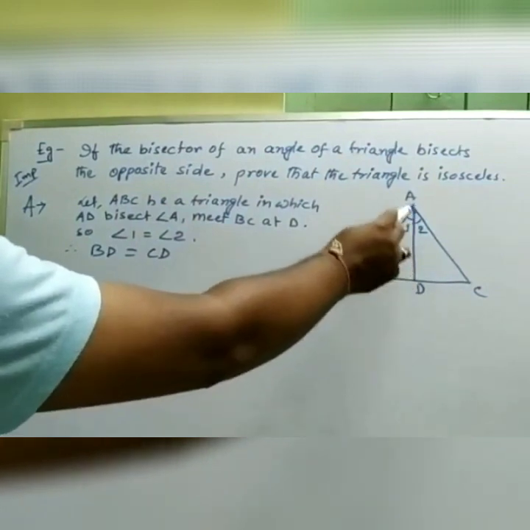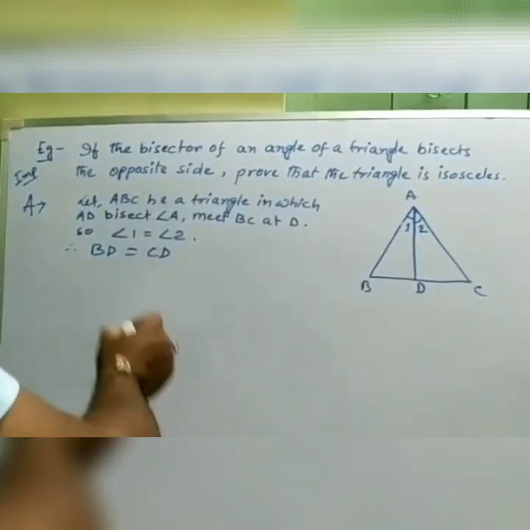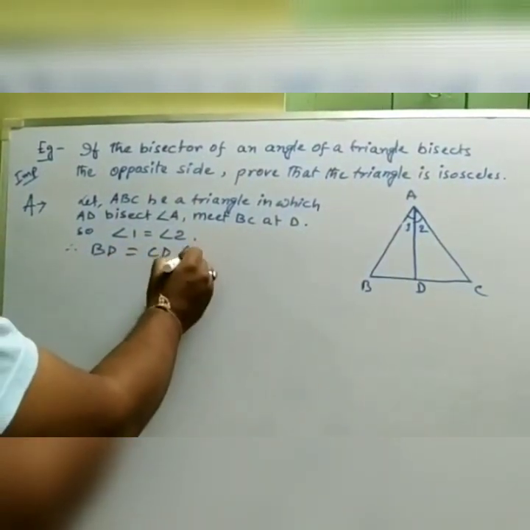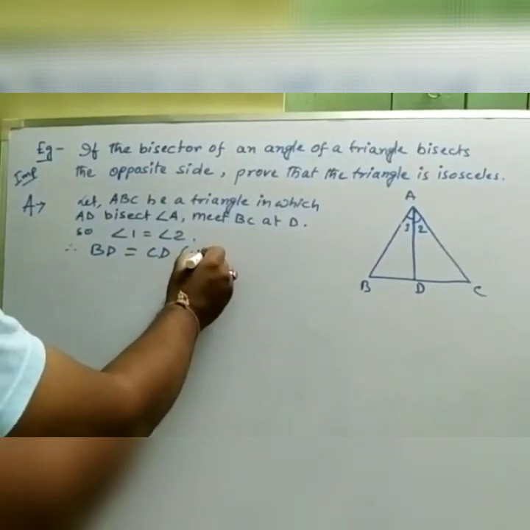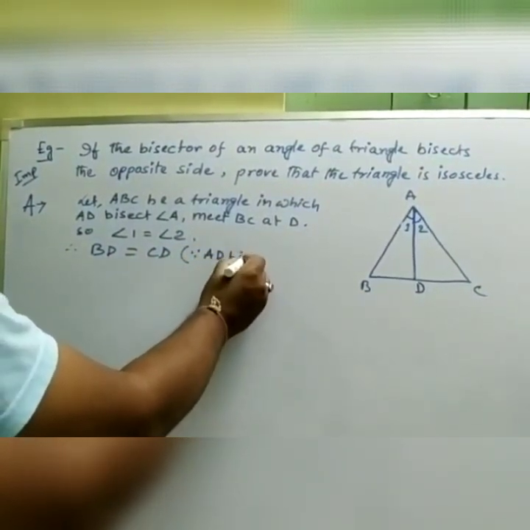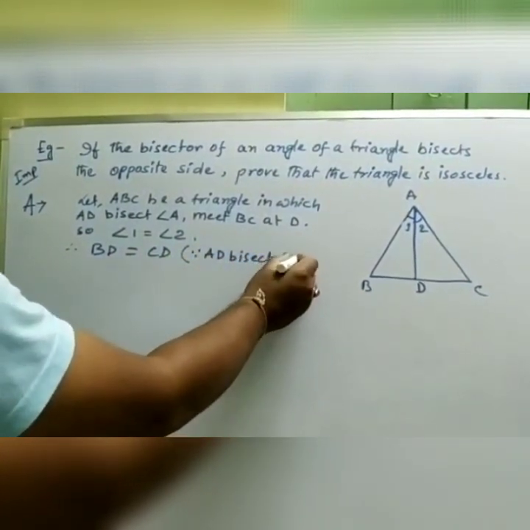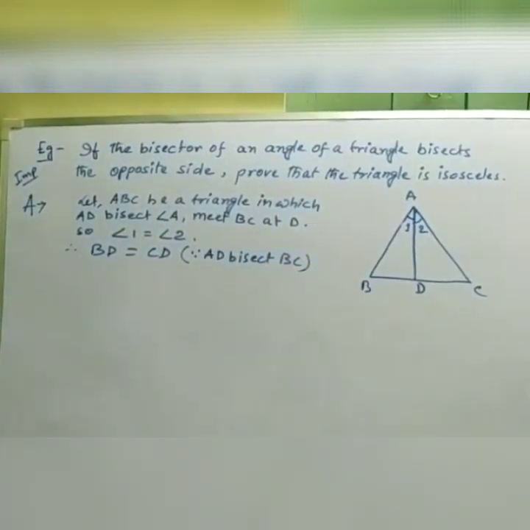Opposite side is BC, so AD is bisecting BC. Therefore BD equals CD. Here you will write: since AD bisects BC, BD equals CD.